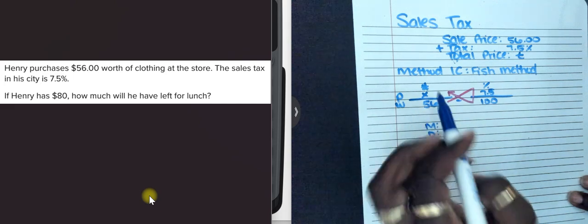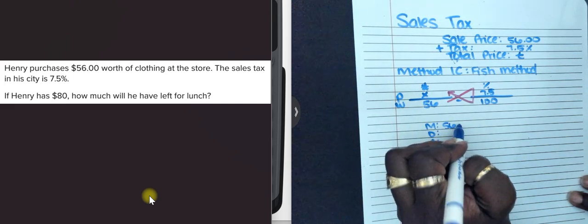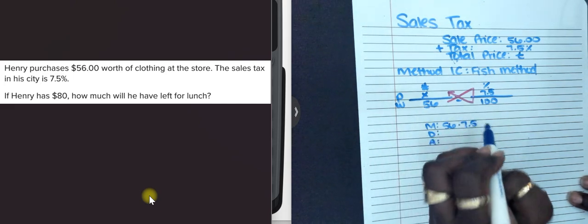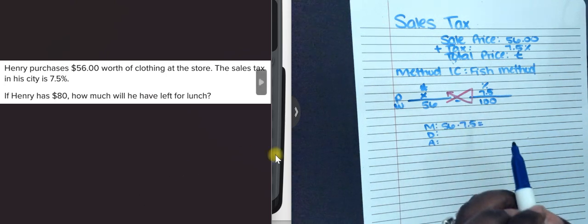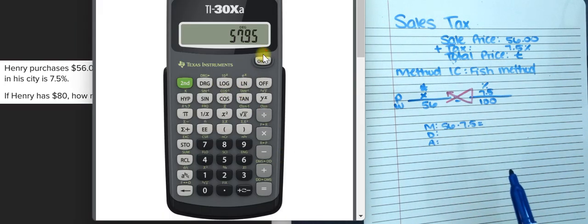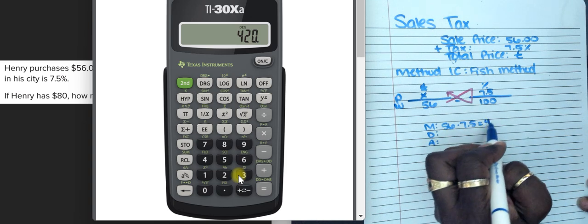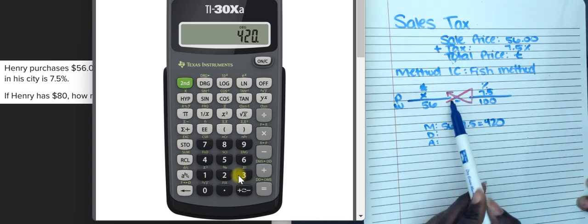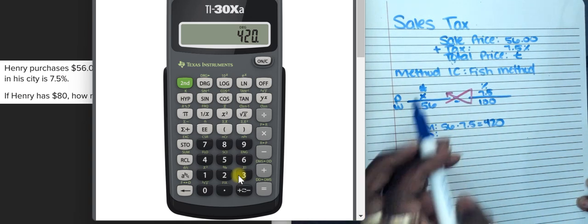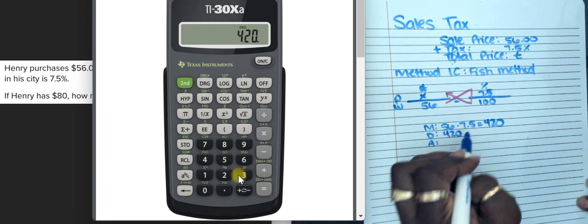Okay, so we're going to multiply 56 times 7.5, which is 420. And then we're going to take 420 and divide it by 100.